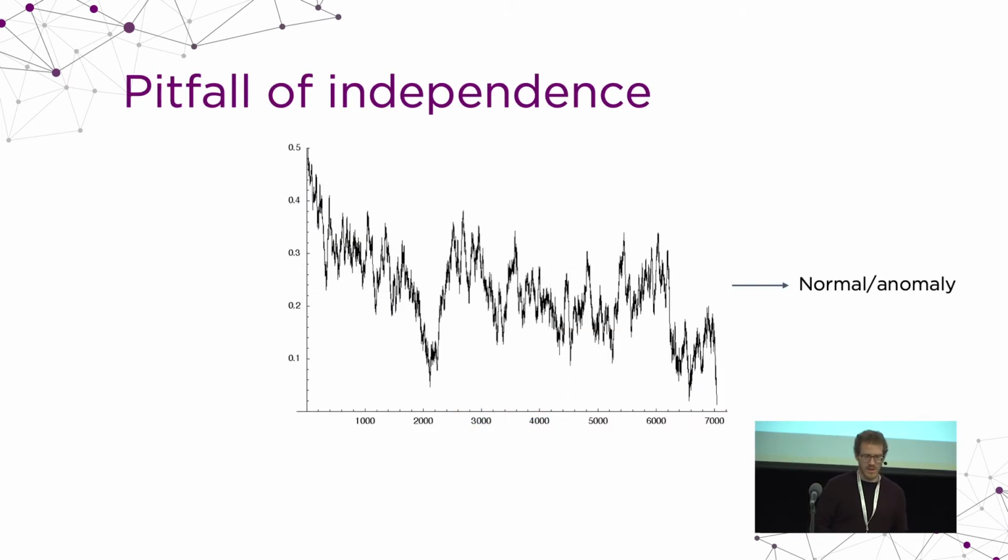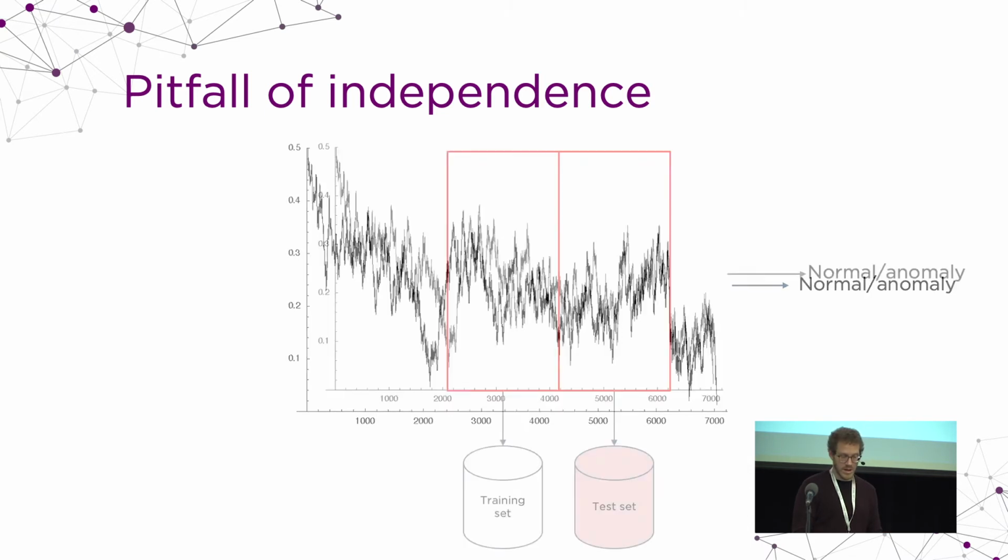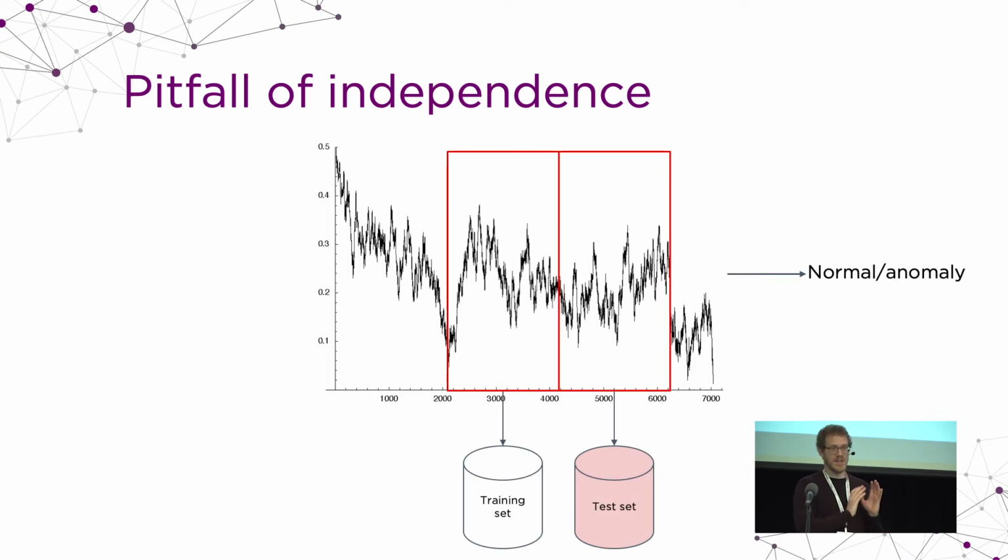So, some difficulties with independence. Let's say I have a time series over 1 day. So it's measurements over the day. And I want to give the whole time series to my model to predict if this time series is normal or not normal. And if I don't have a lot of data, what I can do is take sub-parts of this time series.